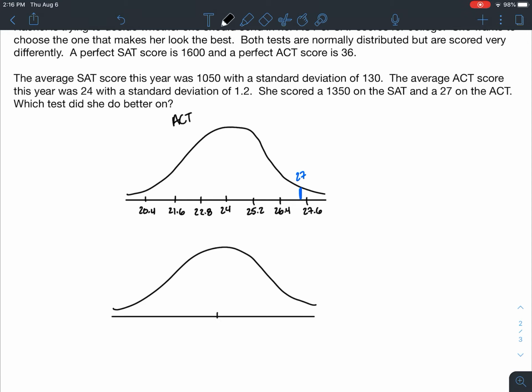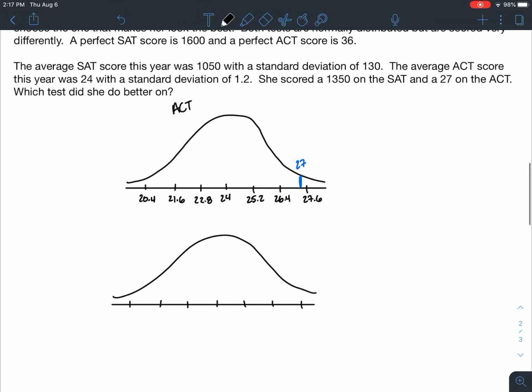So I'm going to make my SAT curve. Mean, 1, 2, 3, 1, 2, 3. The visual usually helps out a lot of people. It says the average here was 1,050 with a standard deviation of 130. So that means this is 1180.